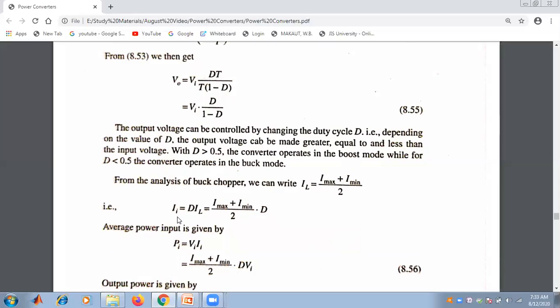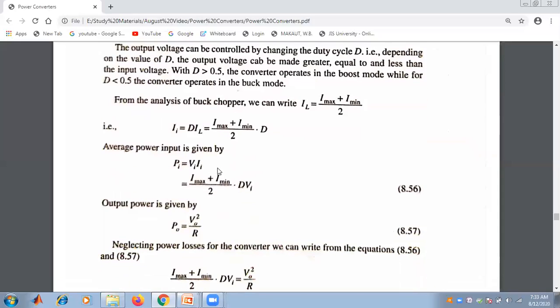So we know that input current is equal to D into IL, so putting the value of IL here, we get I max plus I min by 2 into D.